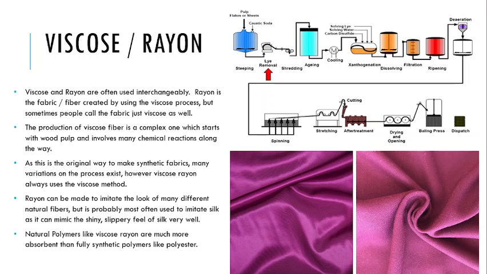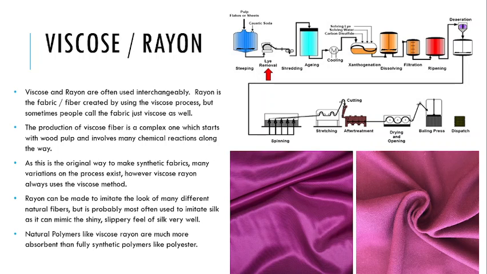However, sometimes people just call the fabric viscose as well. The production of viscose fiber is a complex one, which starts with wood pulp and involves many chemical reactions along the way, as we saw before. This is the original way to make synthetic fabrics, and many variations on the process exist. However, viscose rayon always uses the viscose method.